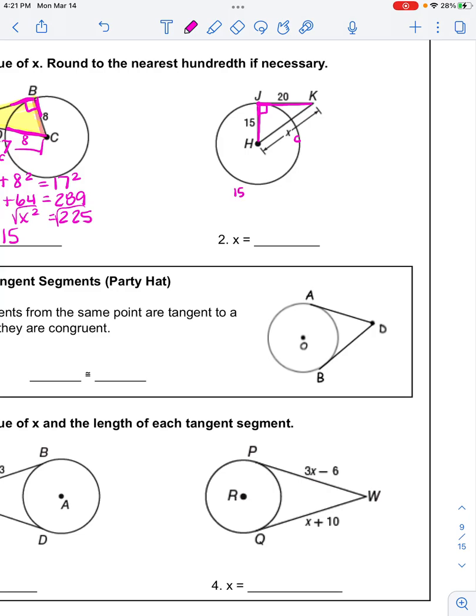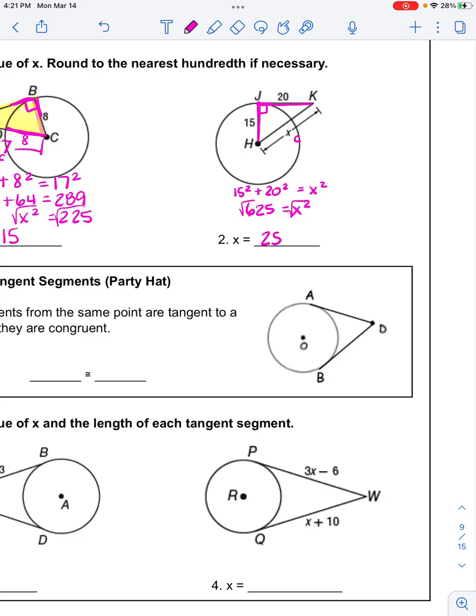So you would have 15 squared plus 20 squared is equal to x squared. 15 squared is 225 plus 20 squared, which is 400, you get 625 is equal to x squared. If you take the square root of both sides to solve that equation, you get that x is 25.